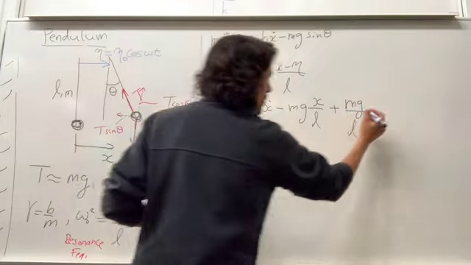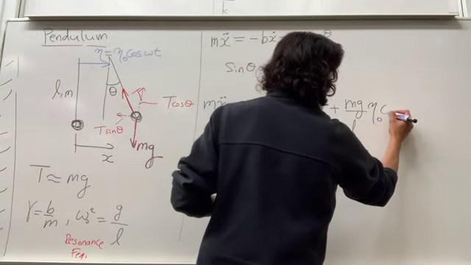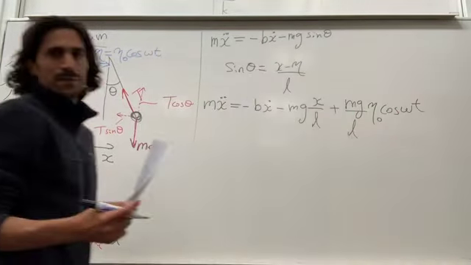The eta is eta 0 cosine omega t. You can write that down already.